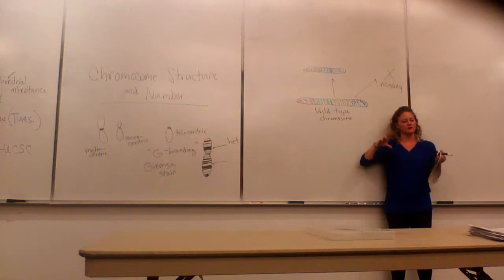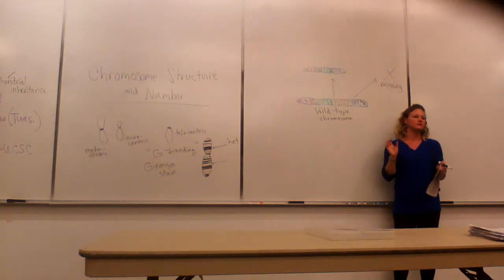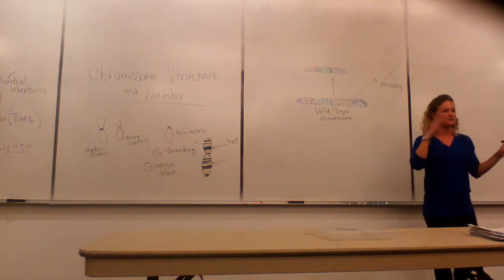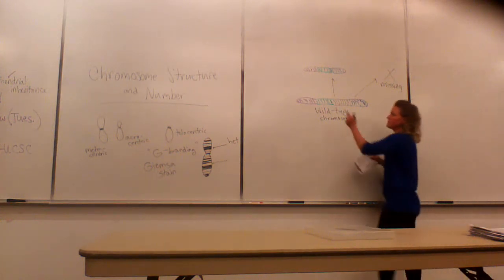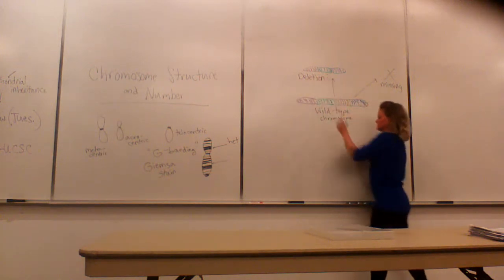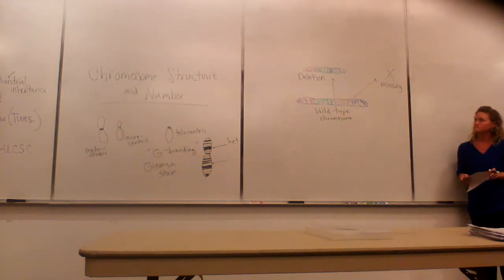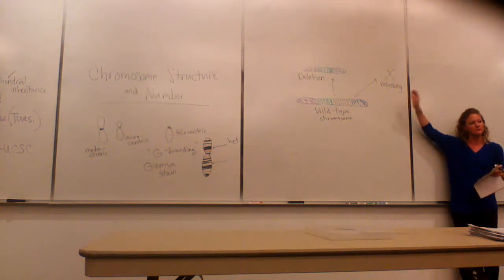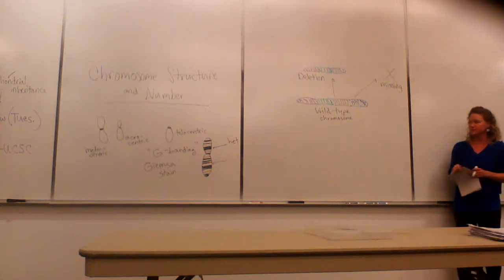Again, these are not like a one nucleotide deletion. This is a giant, megabase-scale mutation or error. So we can be missing the chromosome completely. You can end up with a deletion.